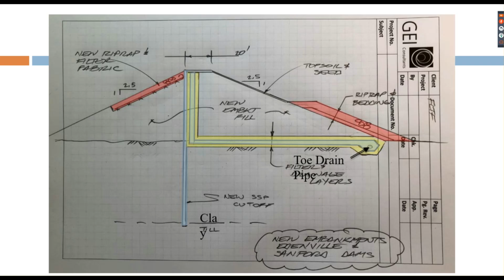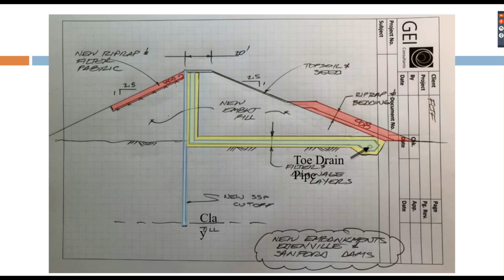So you would have a sheet pile cutoff wall in the middle. That's the concept. And then on the downstream side of the sheet pile cutoff wall, you would also have a drainage layer of a filter drain and then a toe drain, and that's highlighted in yellow on this map.